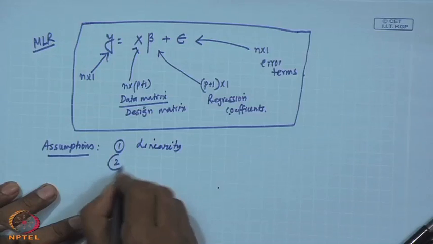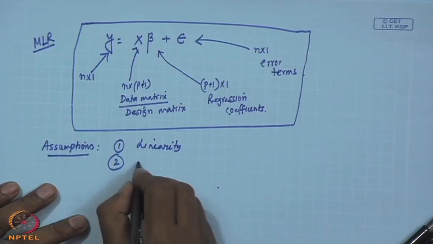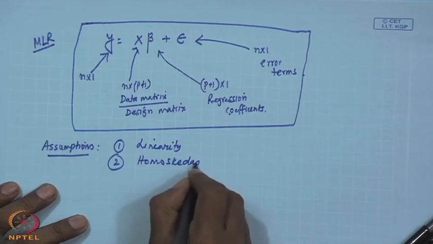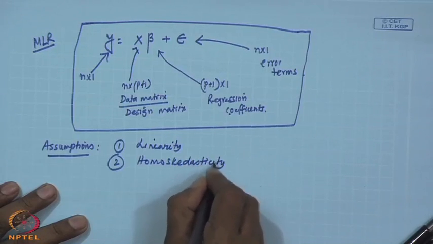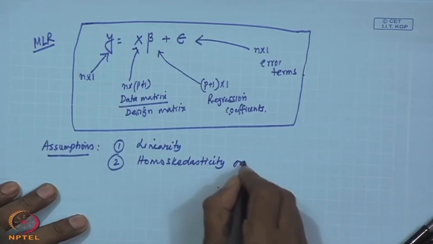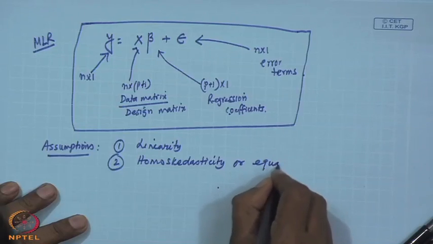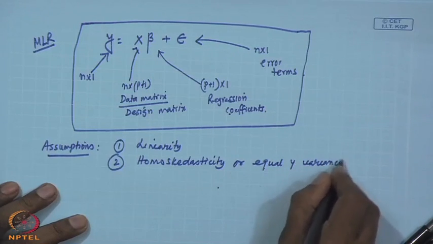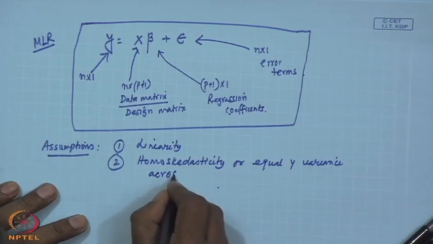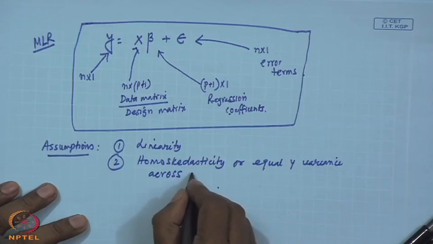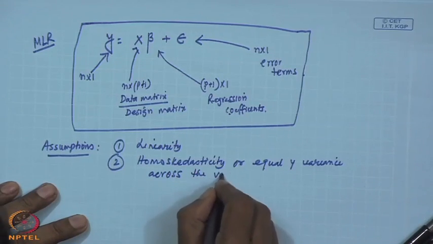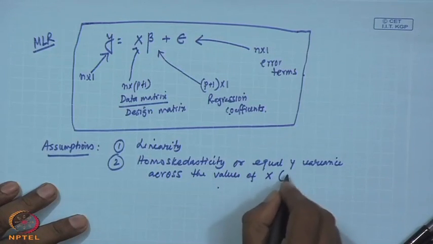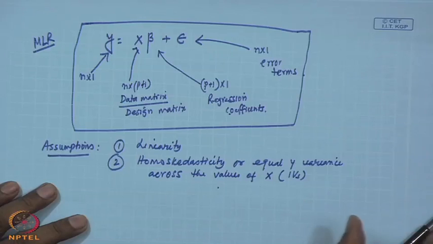The second assumption is homoscedasticity, or we say equal y variance across the values of x, otherwise you can say IVs, different observations of IVs.